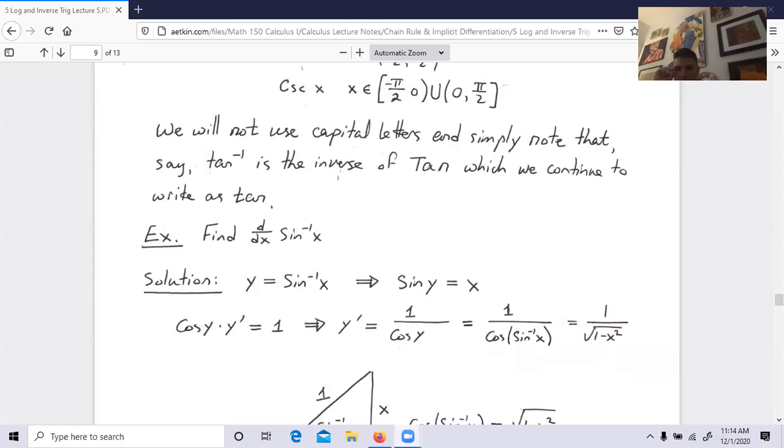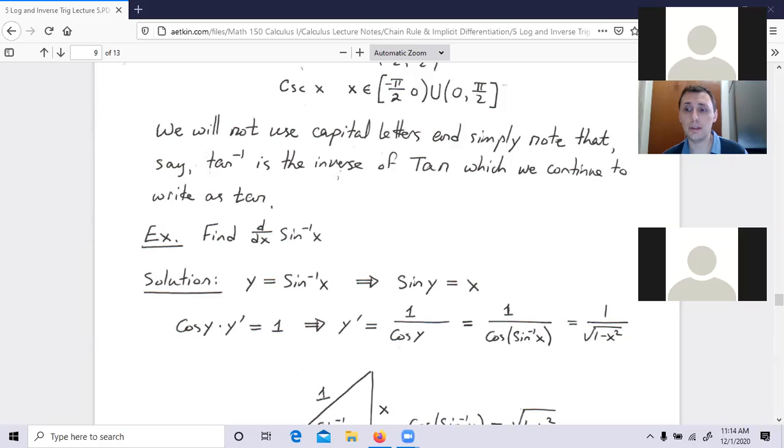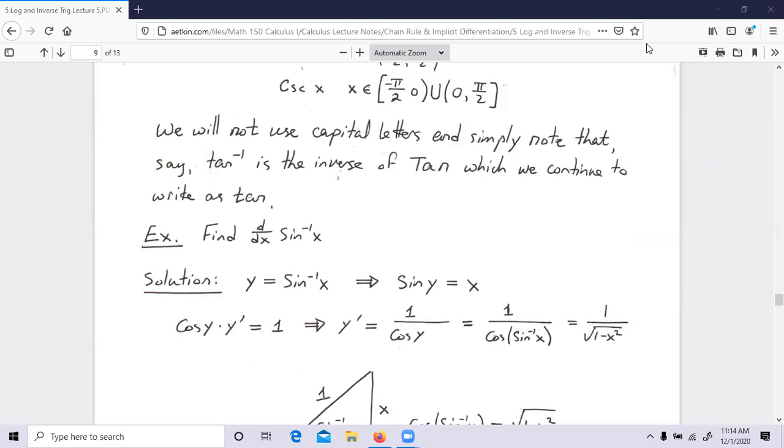Well, yes, I'm solving the equation, but that's not insightful. That's true. But what's the meaning of the 1 over? That's algebra, right? But what's the meaning of it?